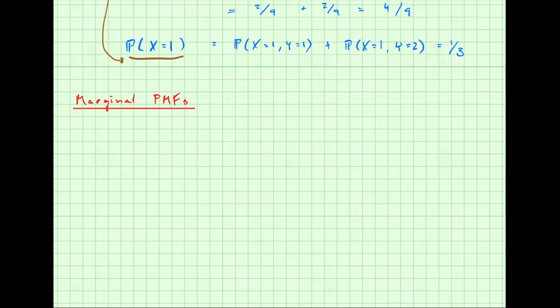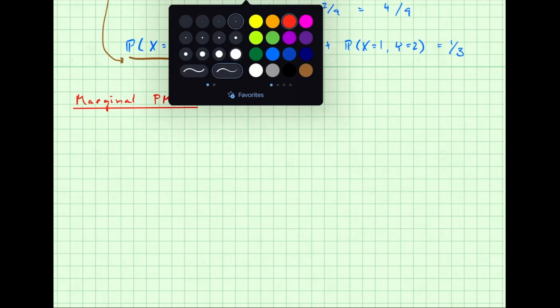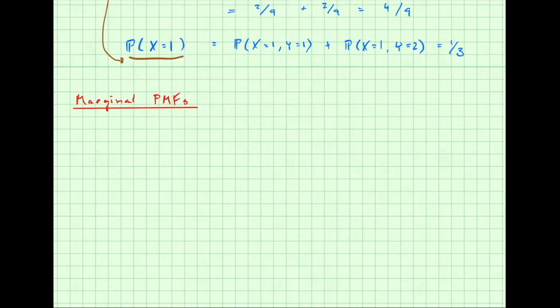And they are really going to be just those kinds of things where you sum along a row or along a column. The name really does come from the fact that people often do that and then put the result in the margin.